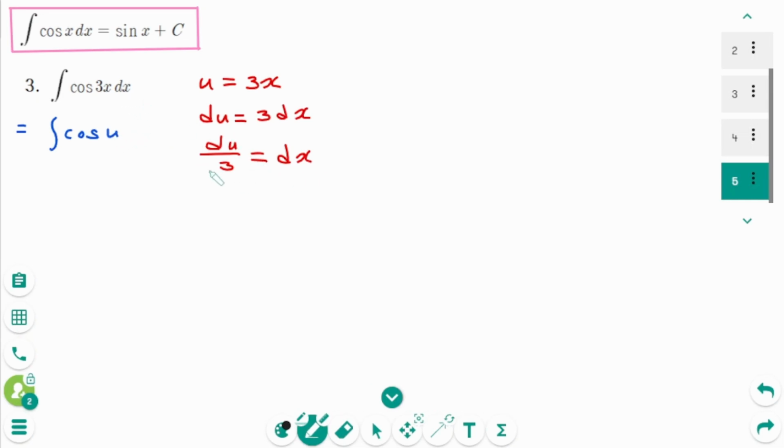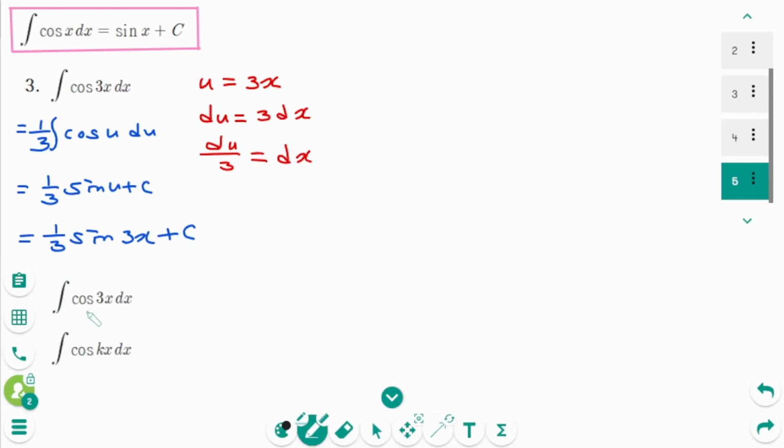dx equals du over 3, so we have 1 over 3 times the integral of cosine u, which is sine u plus c. That is 1 over 3 sine u, where u was 3x, plus c.